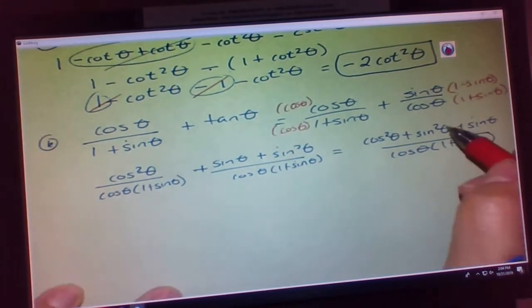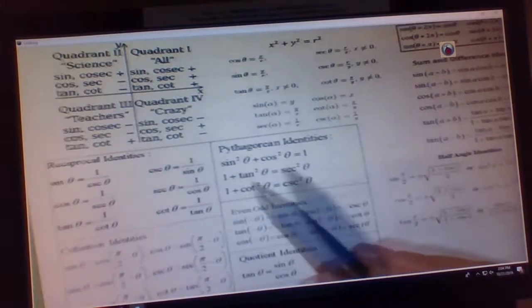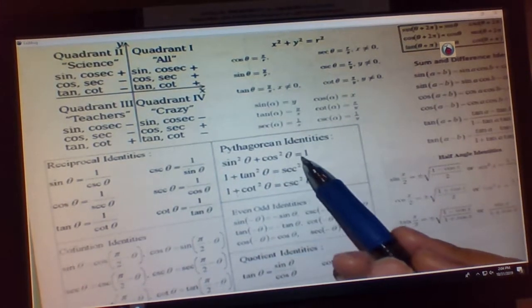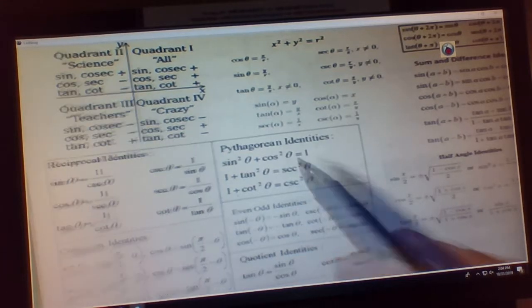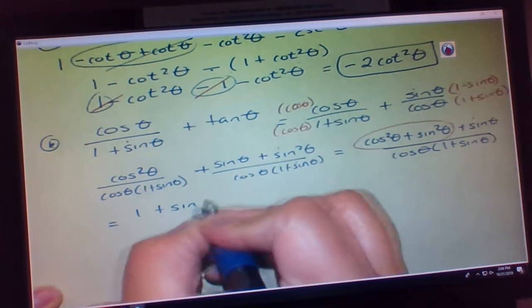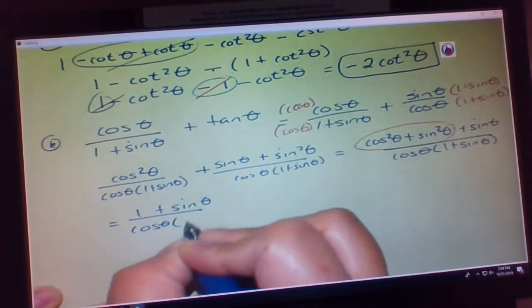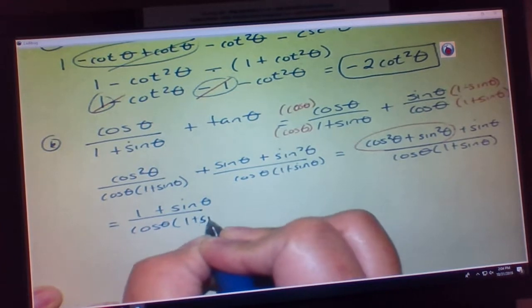Now, every time that you see this together, you need to think of something. What does that become? A 1. Sine squared plus cosine squared is always going to be 1. So this here becomes 1 plus sine over cosine, 1 plus sine.